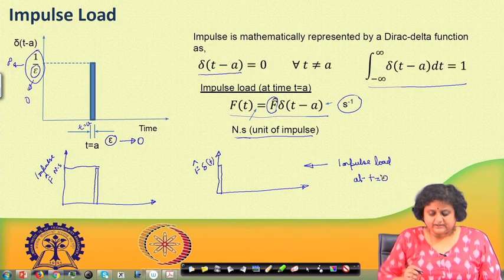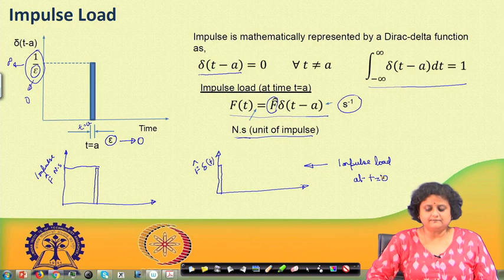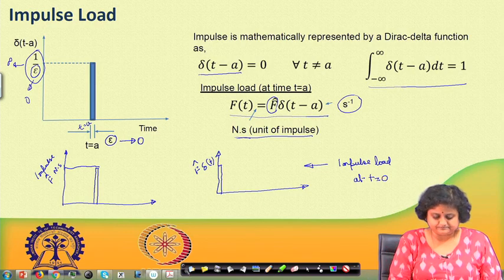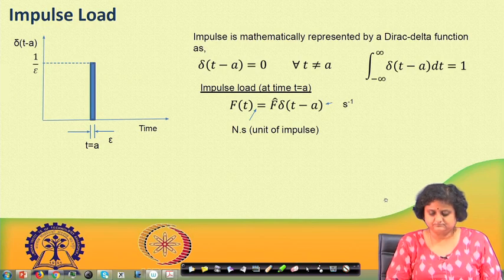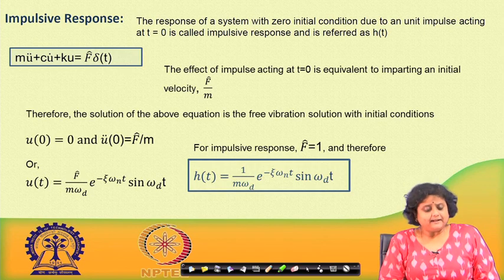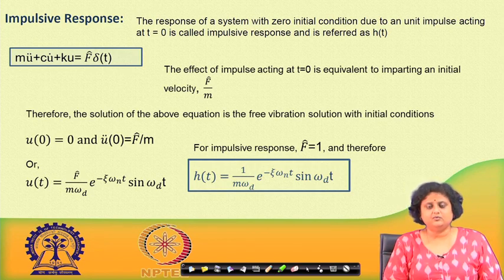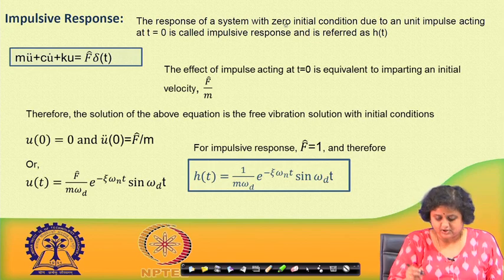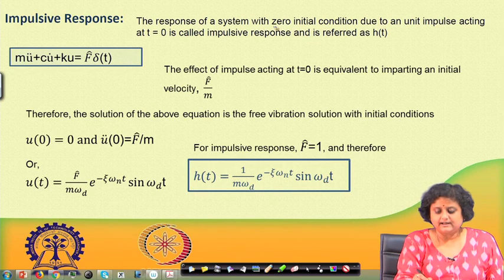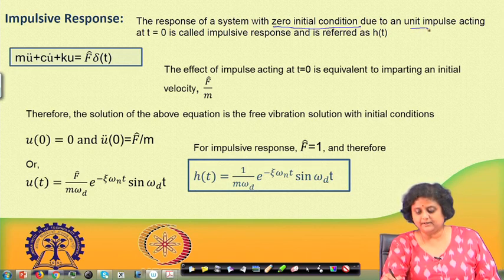Let us next see what the response of a single degree of freedom system is when the applied load is an impulse load. Impulsive response is the response of a system with 0 initial condition due to a unit impulse load.